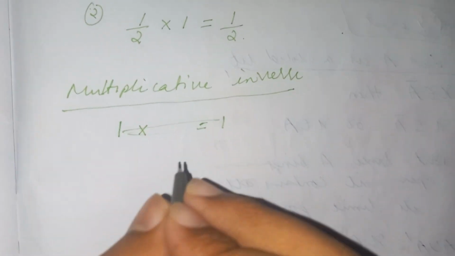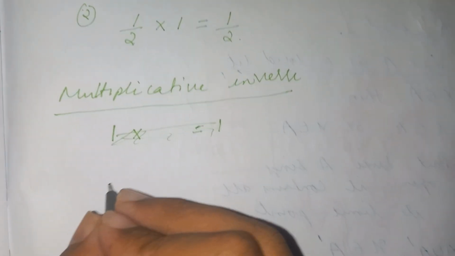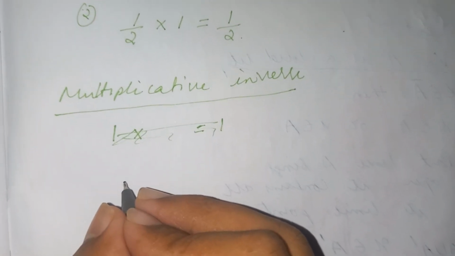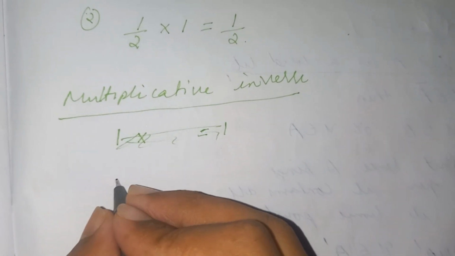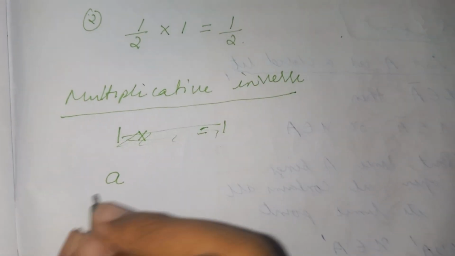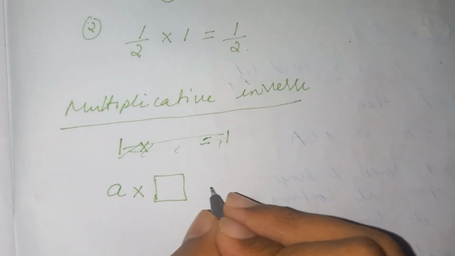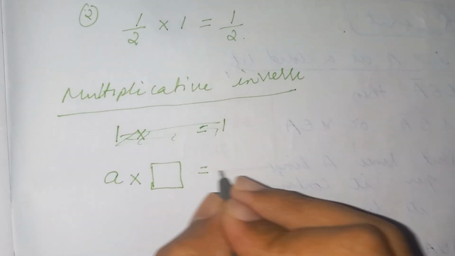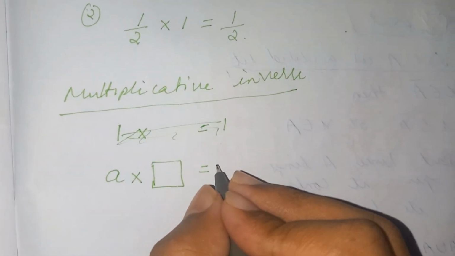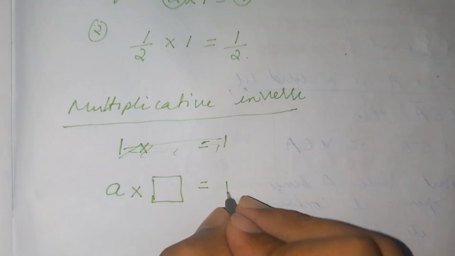We will be modifying the definition. Suppose we take a number a, then we multiply it with such a number that the outcome is the multiplicative identity, which in our case is 1.